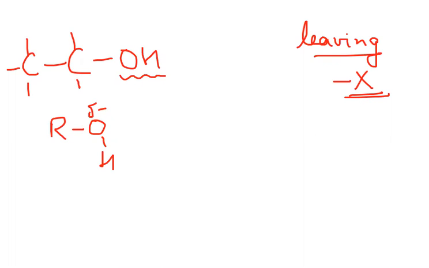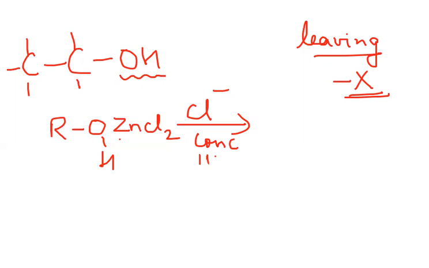The ZnCl2 will actually complex with this, and it is going to attach here because it has empty d orbitals. So this is working as a good Lewis acid. It is going to complex with this in the presence of Cl minus, and the Cl minus is coming from concentrated HCl.